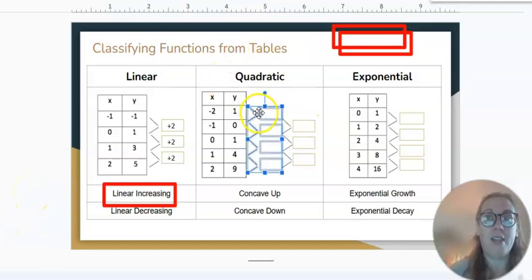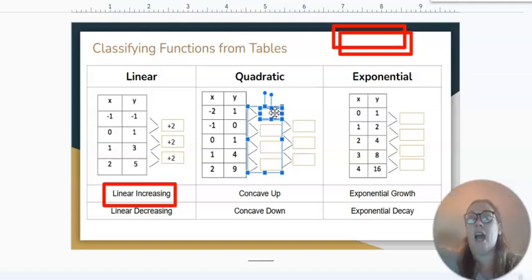Let's look at quadratic. With quadratic functions, because they make a U, sometimes the values get low and then they get high, or they get high and then they get low. We have this turning point that happens.